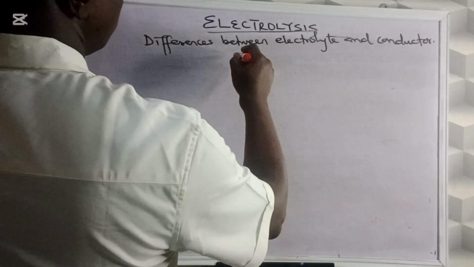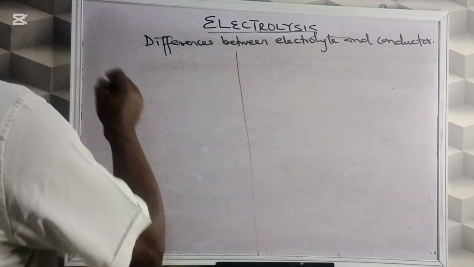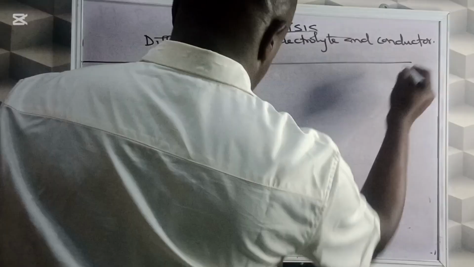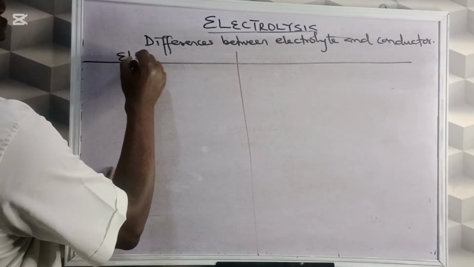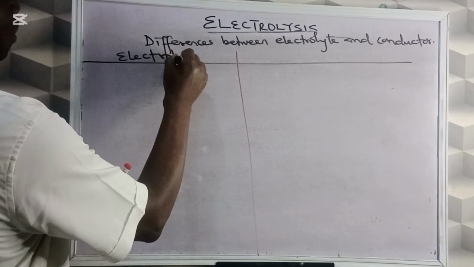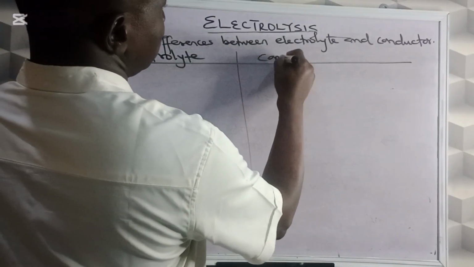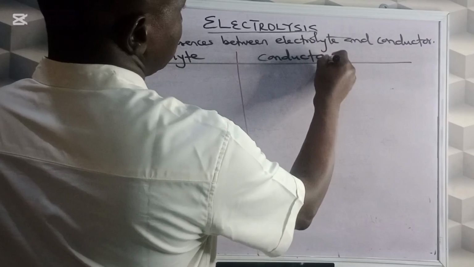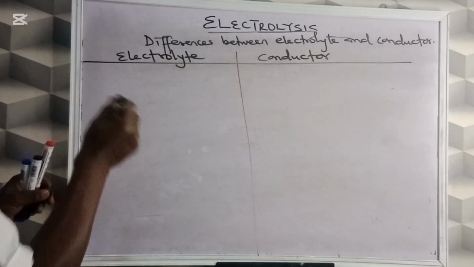So what are the differences between electrolyte and conductor in chemistry? I will put electrolyte here and conductor here. Let's see the differences between the two.